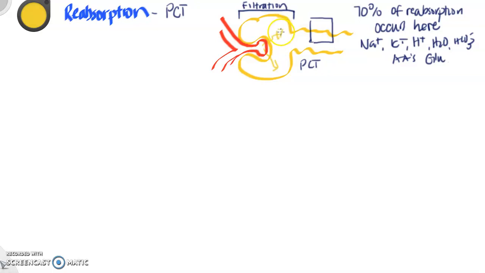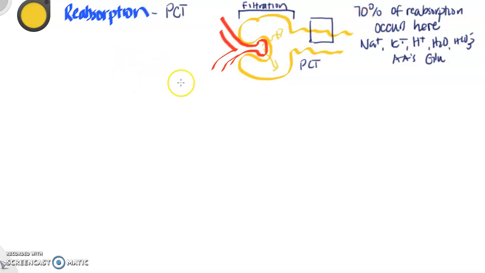It's not like the kidneys are picking out some sodium here that we can throw out, and maybe a little bit of calcium. No, it just comes out. So it's the responsibility of the nephron to pull back in and reabsorb the stuff that we need. So most of that occurs in the proximal convoluted tubule.